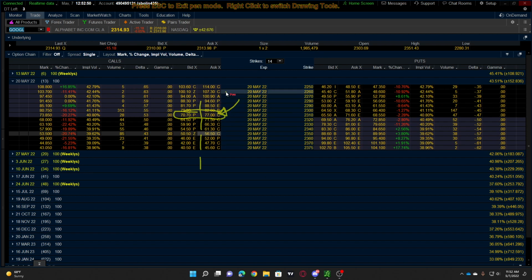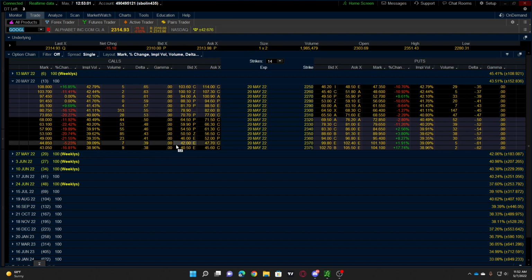If that is the going last price, then the bid and the ask on each side is going to get even wider, right?